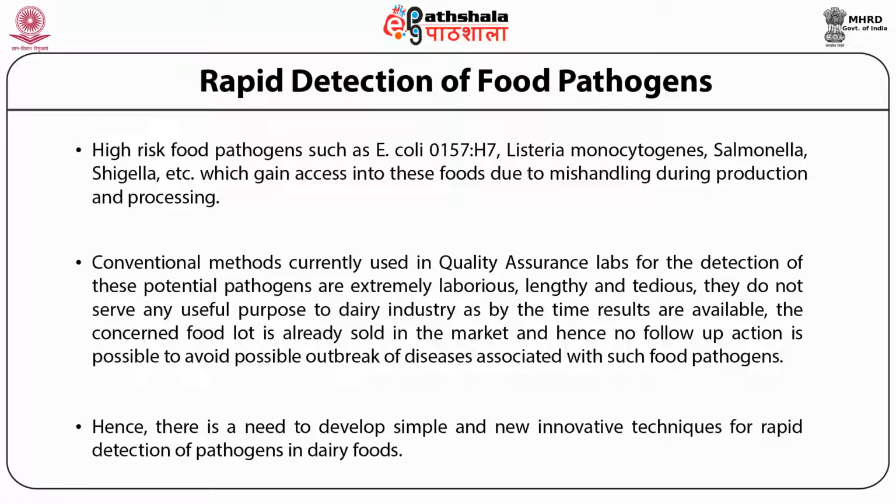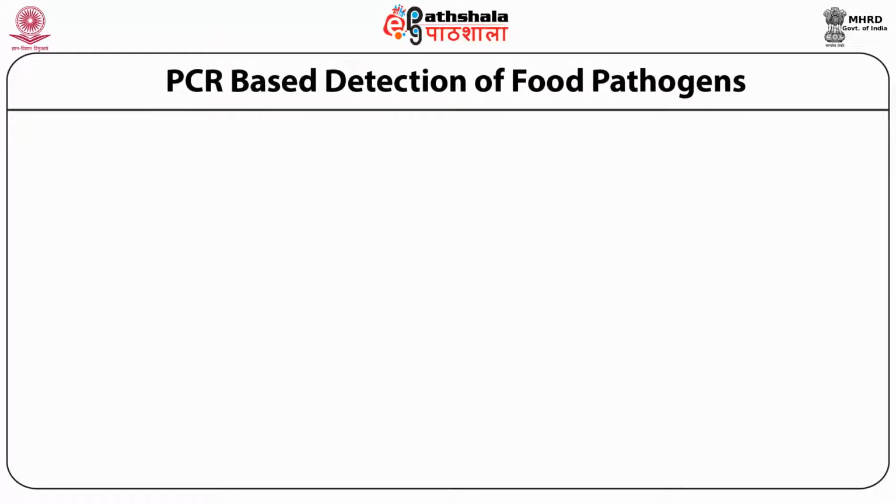Nowadays various approaches are available by which we can diagnose the pathogens which are very dangerous even within 30 or 40 minutes. So under the PCR based detection of food pathogens, we know that among the various molecular techniques, PCR is the simplest of all.